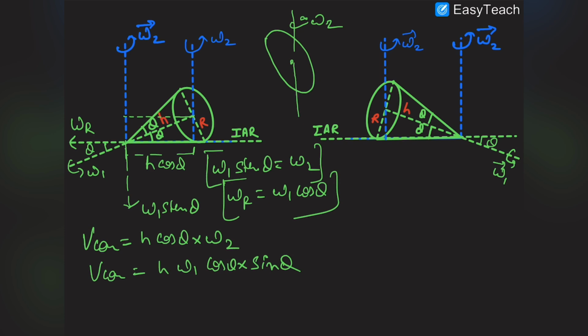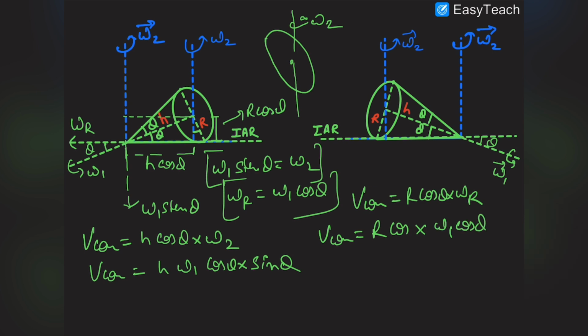Now if we write down this VCOM through the IAR, again you can see that this distance would be r cos theta, because this small angle is theta. So we can write down VCOM as r cos theta into omega resultant. And omega resultant is omega 1 cos theta. So VCOM is equal to r cos theta multiplied by omega 1 cos theta, so VCOM is equal to r omega 1 cos square theta.